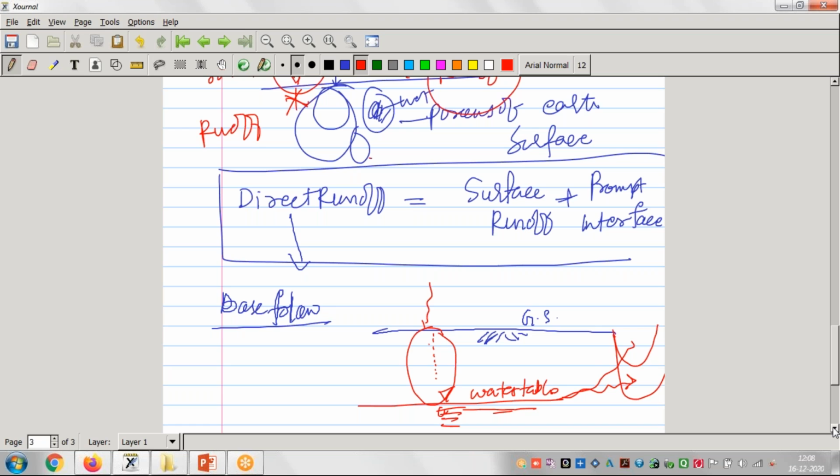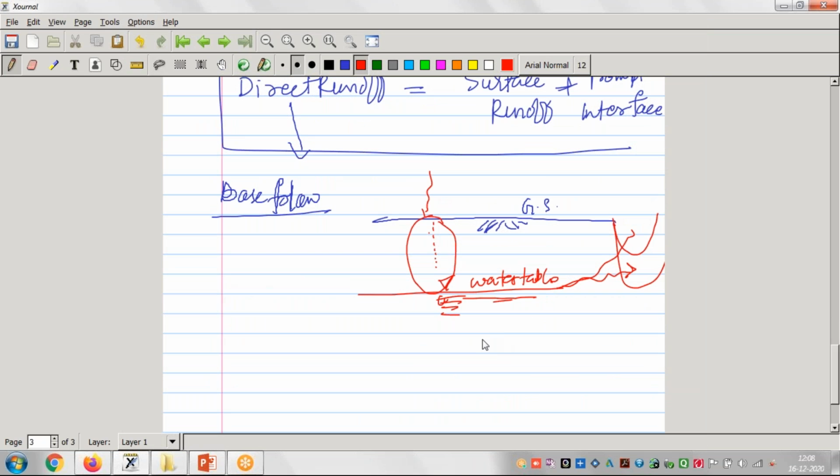Now you will see that even if there is no rainfall, and if we have some river, the river is continuously flowing 365 days. Why? Because whatever groundwater is coming, this groundwater is nothing but our base flow. So this base flow is already present in the river. Because of this base flow, water is already present in the river.